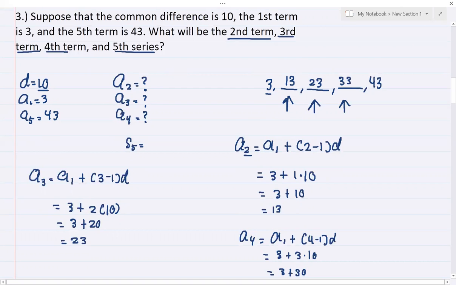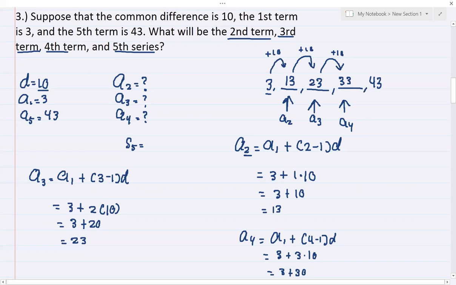For example, 3 plus 10, 13. That's your a sub 2. Next, 13 plus 10, 23. That's your a sub 3. And next, 23 plus 10, 33. That's your a sub 4.